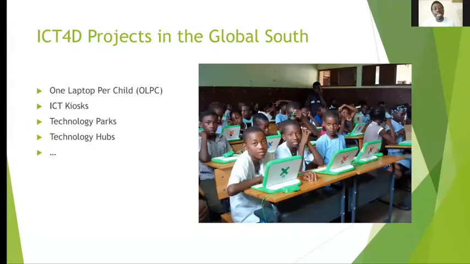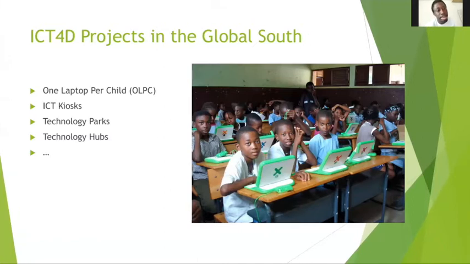Now, in terms of ICT for development projects, there has been a lot of development over the years, and a lot of these started before the introduction of AI. And there were a lot of these interventions that didn't work, or didn't work too well. So we remember things like One Laptop per Child and ICT kiosks that were placed in different places around.